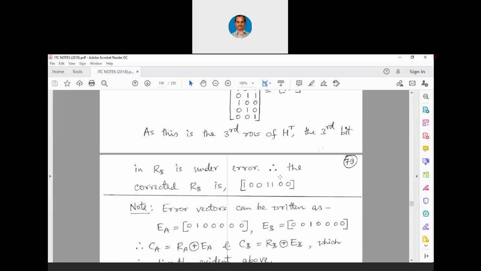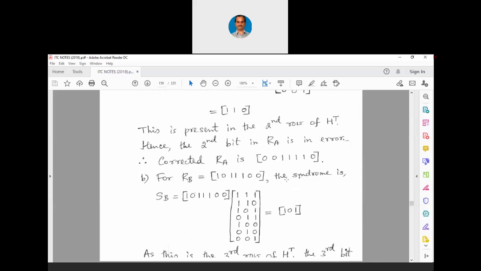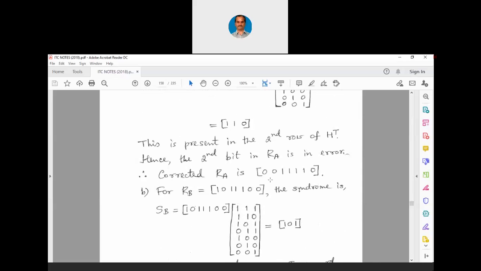Now my question to you students is that we have 7 bits in the received vector. And how many errors can there be? If we consider a single bit error, there can be errors in 7 positions, right? If there are errors in 7 positions, how many rows are there in the Hamming transposed?